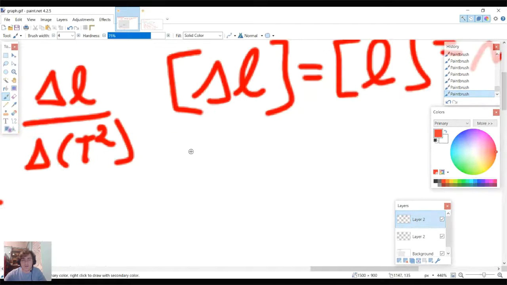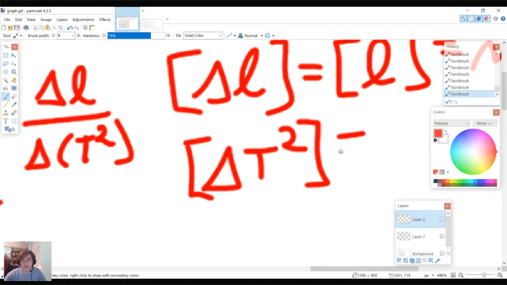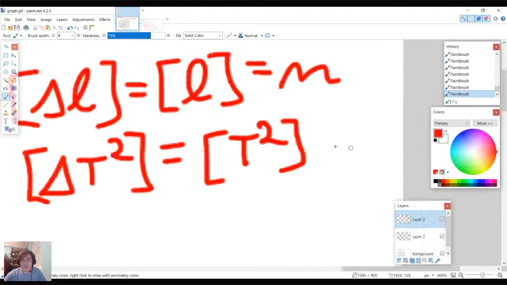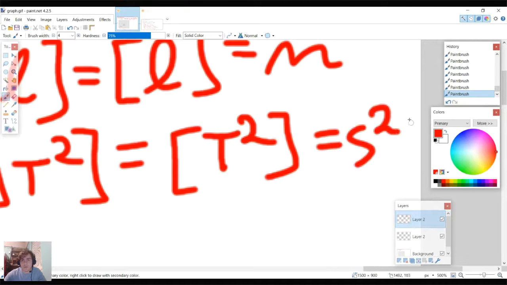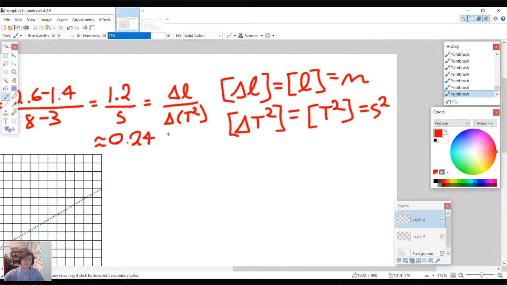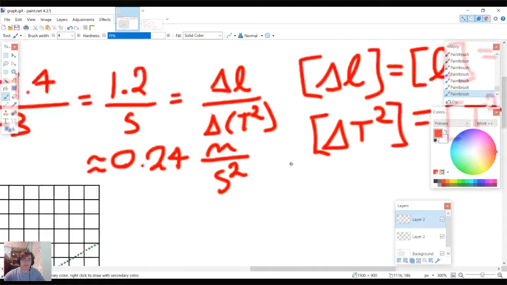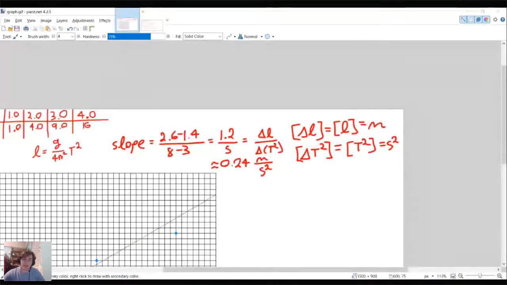And the change in t squared, by the same logic, has the same units as t squared, which is seconds squared. So this actually has dimensions of meters per second squared. And that should make sense because the slope is g over 4 pi squared, and 4 pi squared is unitless. g has units of meters per second squared, so it makes sense that that happens. So that's the idea there.